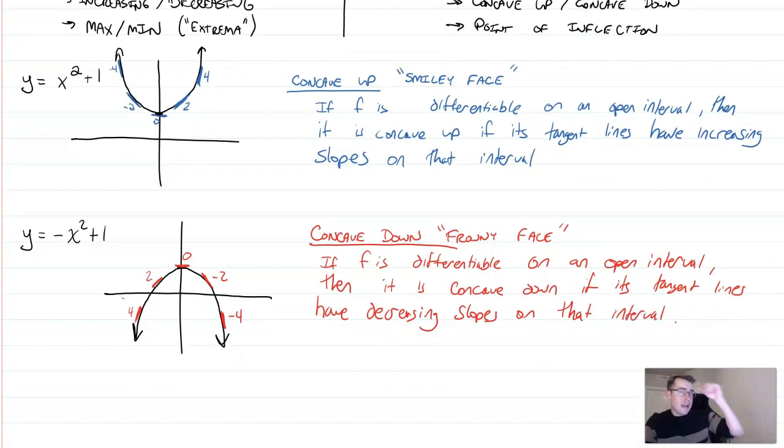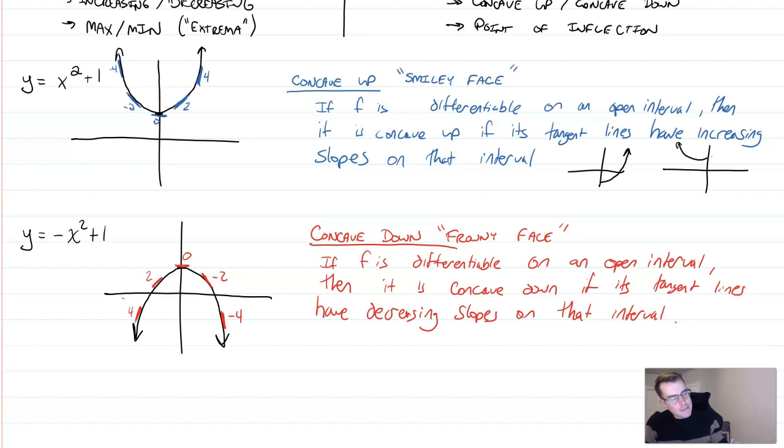Okay. And also for concave up and concave down, it doesn't have to form a perfect U. It could be any part of your smiley face. So this is considered to be concave up still. Or you could have the left side, this is still concave up here.